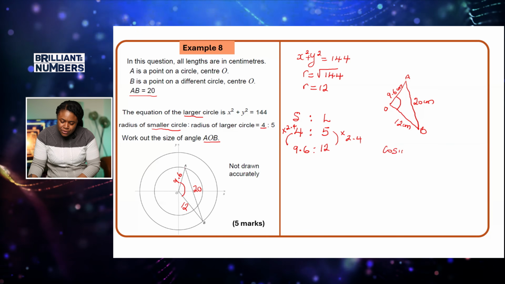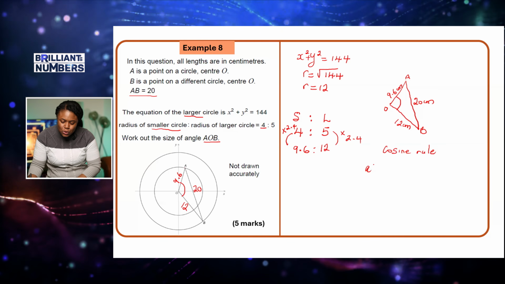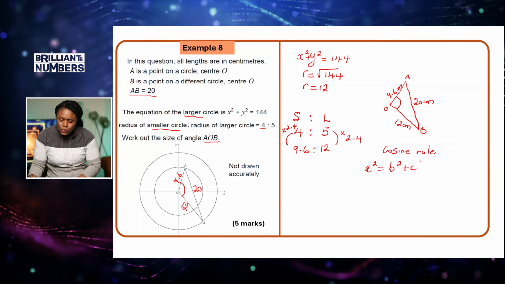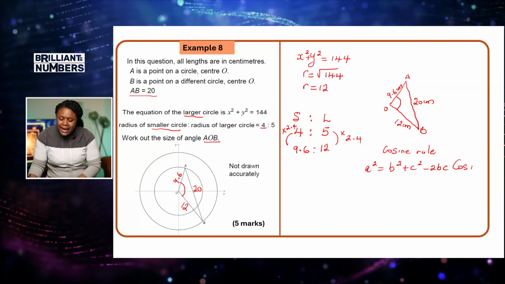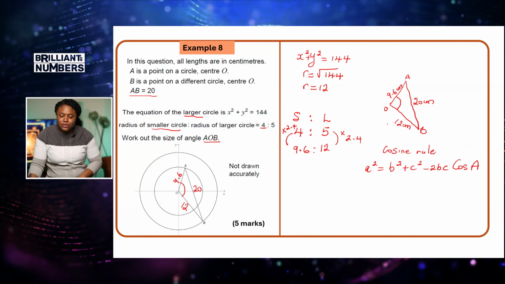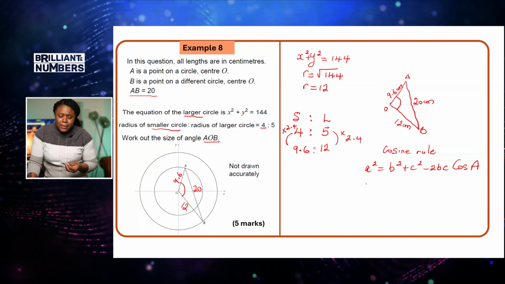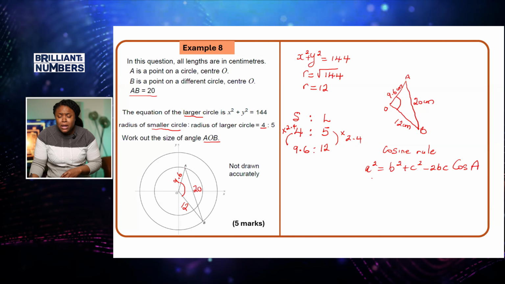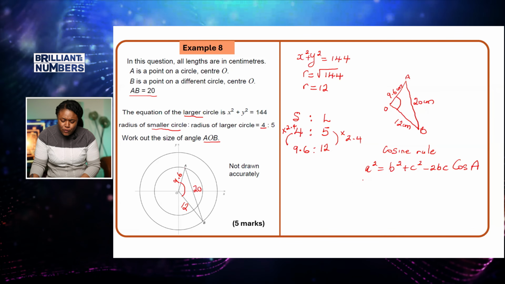The cosine rule states that a squared is equal to b squared plus c squared minus 2bc cos A, where A is the angle we're trying to find. Now, we should know by now how to rearrange our formula. We could substitute this in, but I could go straight ahead to find the angle by rearranging this formula.